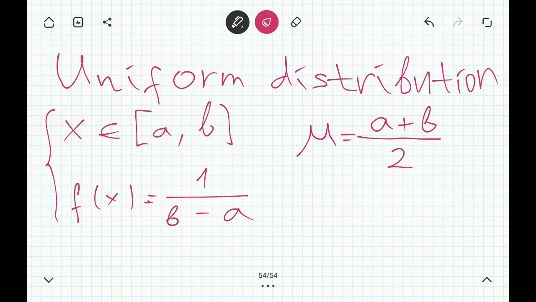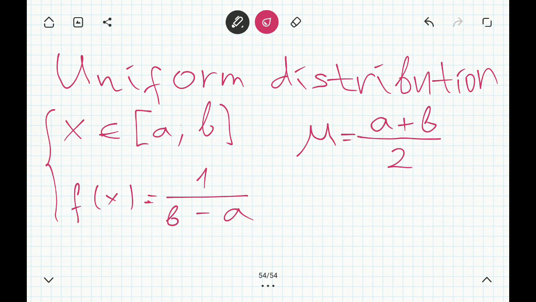And so there is no mode, right? Because you don't have any value which has more density than others. The median is just the same as your mean. It's the center of distribution.